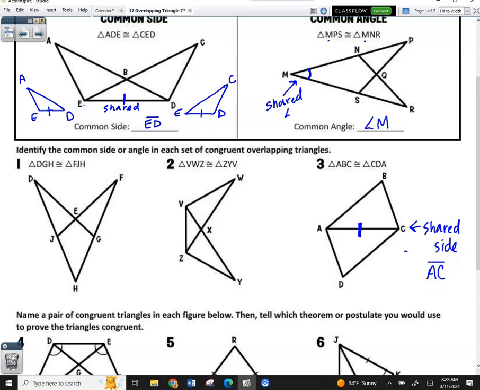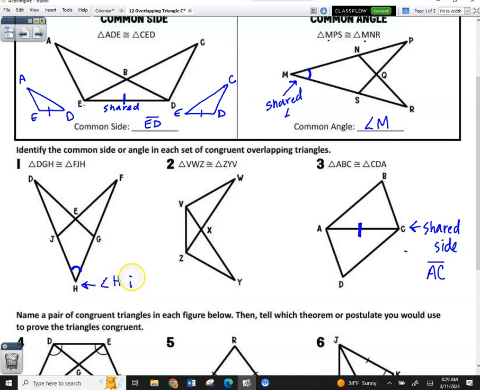Coming over here to number 1, do we have a shared side or a shared angle? Number 1, which one does it look like? It's a shared angle. Now you have to imagine what angle it is, or you can look at your congruent statement and see what letter got repeated. H. So this right here is the shared angle.